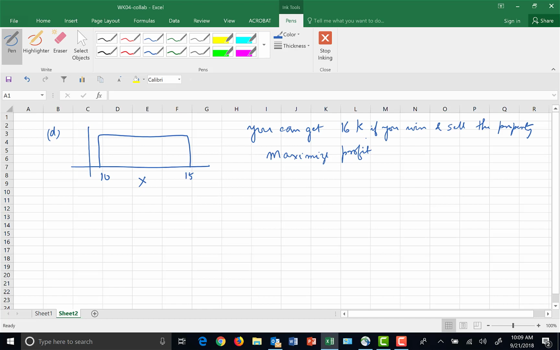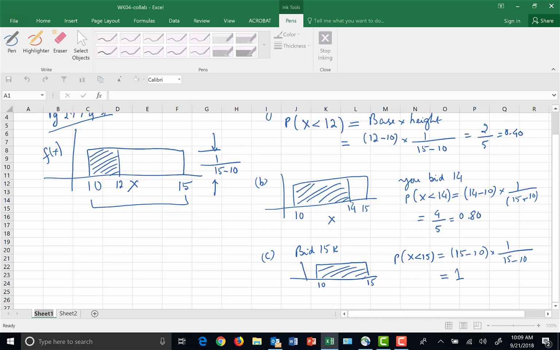If you look at parts A, B, and C, let me go to that sheet, the calculations told us that if I bid $12,000, the likelihood that I win is 40%. If I bid $14,000, the likelihood that I win is 80%. And if I bid $15,000, the likelihood that I win is 100%.